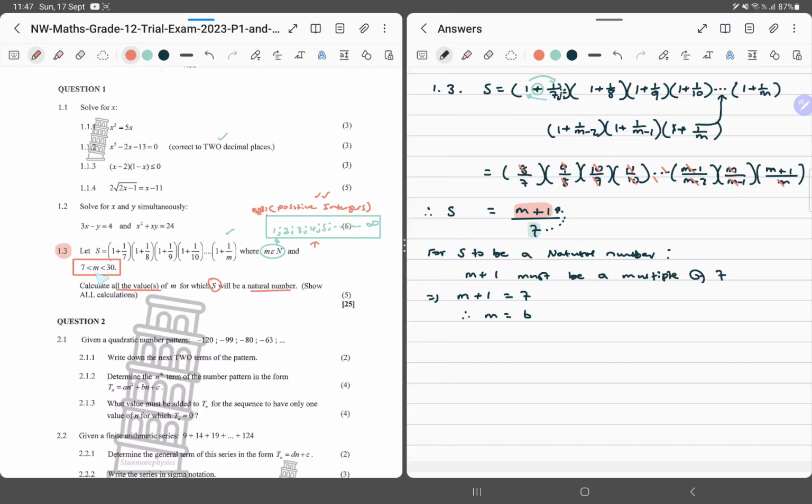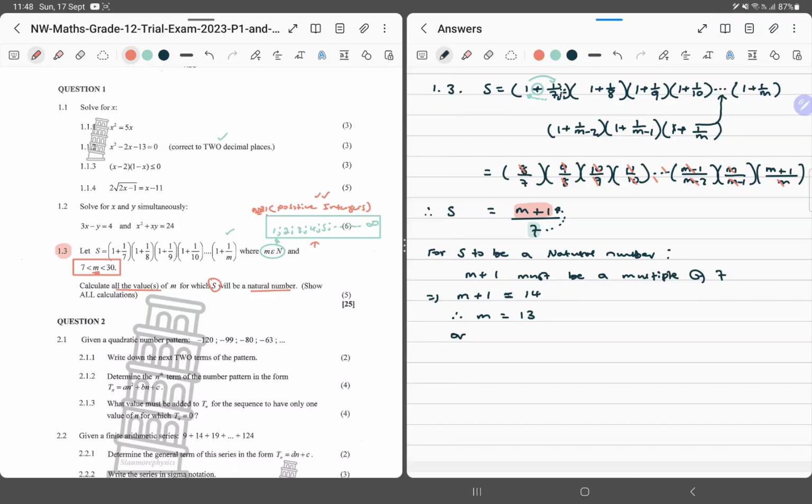But we're already told that m is greater than 7. So this means m plus 1 cannot be 7. This is what you do on your rough work before you write it down. Then let's put another multiple. This is 14. Therefore, it means m is going to be 14 minus 1, which is 13.